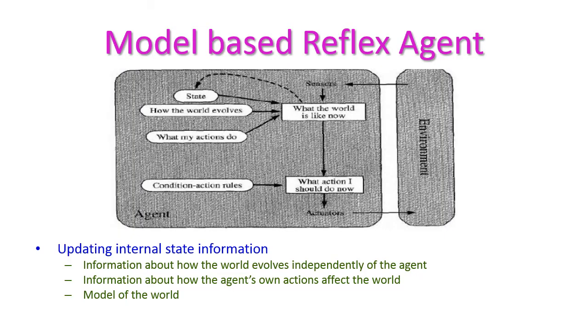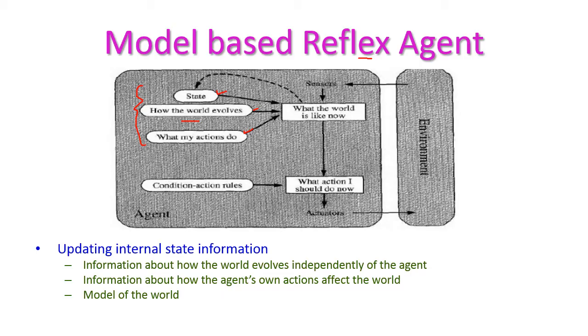The next one is the model based reflex agent, and this is the advancement of the simple reflex agent. Here the additional information we have is the internal state updation, that is the state of the environment, how the world evolves, and what my actions do, that is, if I do a particular action how the environment will be.